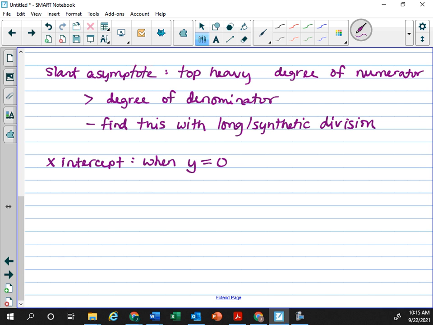And the way you find that is by setting the numerator equal to 0, okay? That's the only way that y can equal 0, is if the numerator is equal to 0. And think about your ordered pair. It's going to be some x value, comma, 0.